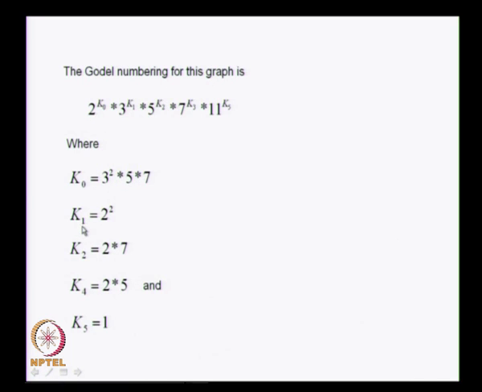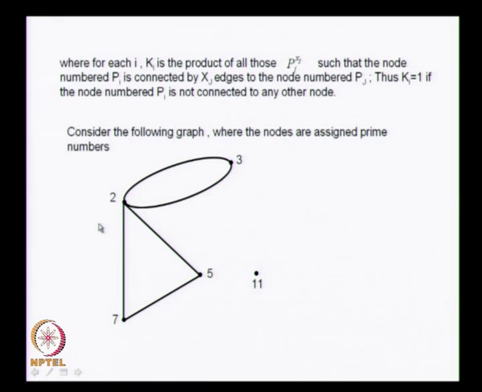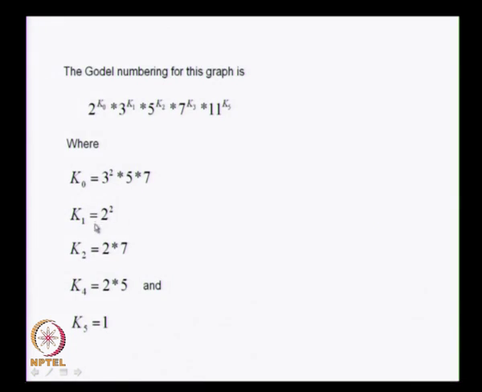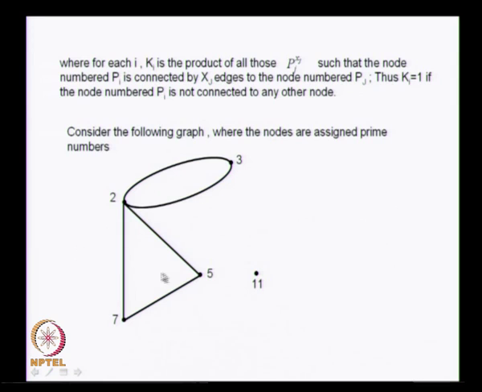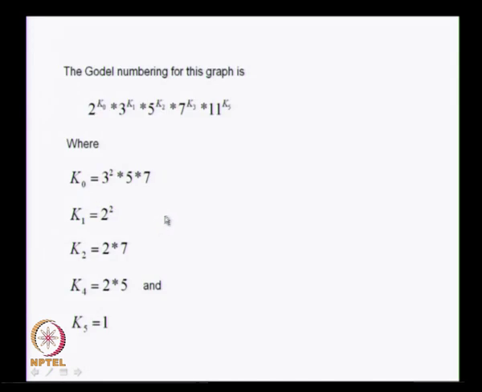K1, let us go back, 3 is connected to 2 by 2 edges. So, it will be 2 power 2. Now, K2 is for the node 5, 5 is connected to 2 and 5 is connected to 7 by 1 edge.